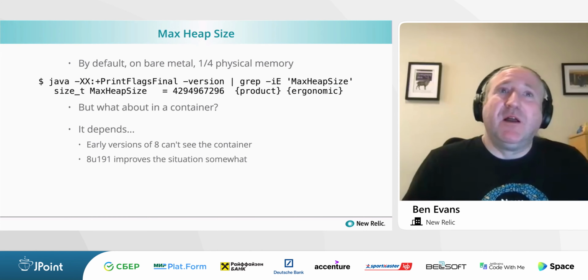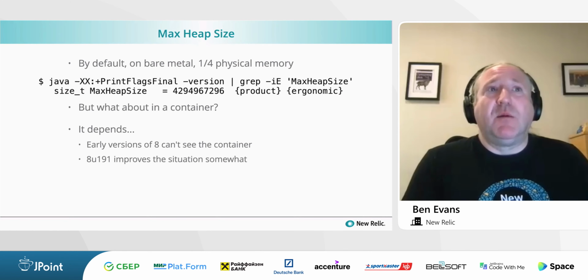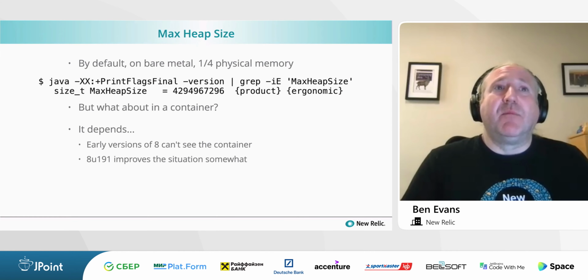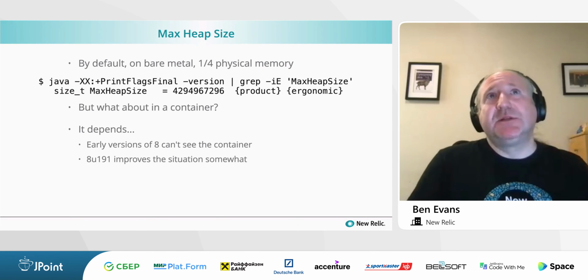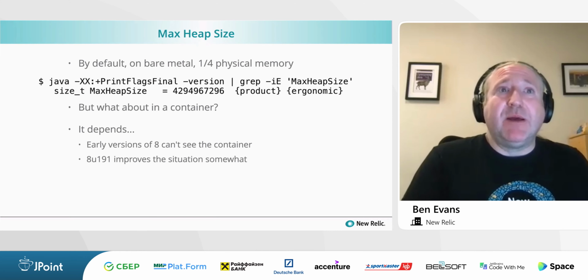It depends. Early versions of 8 don't count. By the time you get up to update 191, it improves the situation somewhat. But crucially, the updates which have happened in 11 have not been backported. The detection of heap size and of GC in 8u191 is as good as it's going to get. It will never get any better than that.